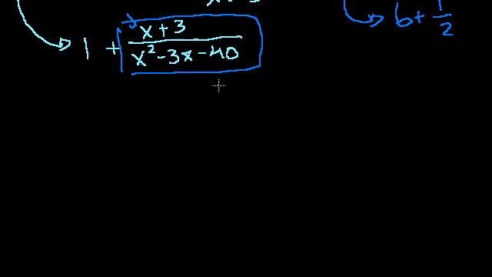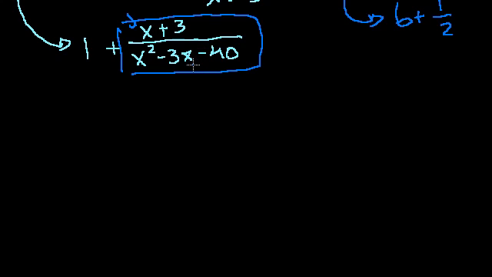And all that is taking this expression up here and turning it into two simpler expressions where the denominators are the factors of this lower term. So given that, let's factor this lower term. What two numbers add up to minus 3, and when you multiply them, you get minus 40? They have to be different signs, because when you multiply them, you get a negative.